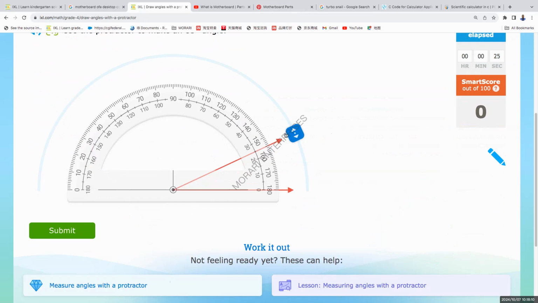You can draw the line and look at the inner one. This line is from 0 degrees, we have gone to 20 degrees. If you start from the right, you are using the inner measure calibration. Use the inside one, not the outside one. The outside one is from 180 to 170 to 160, so you're counting backwards. The inner one starts from 0, 10, 20.